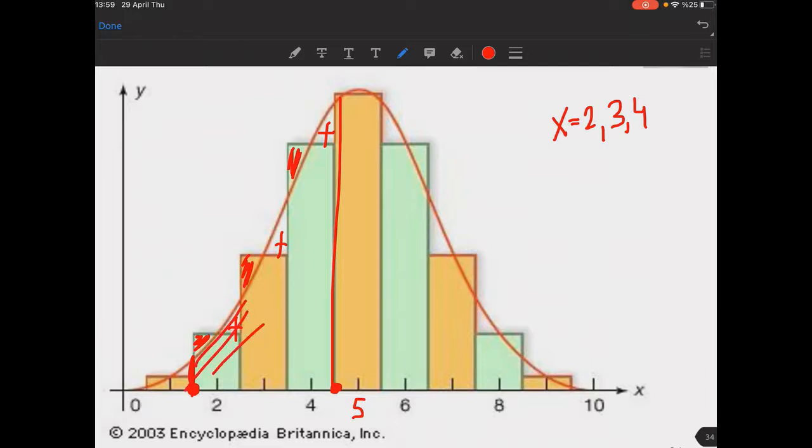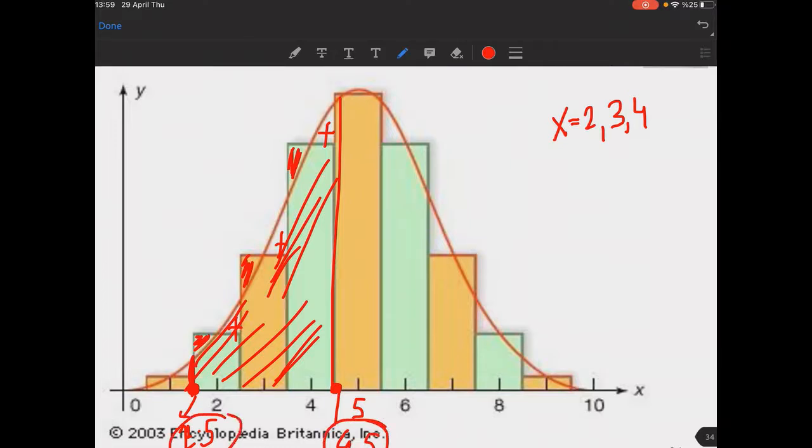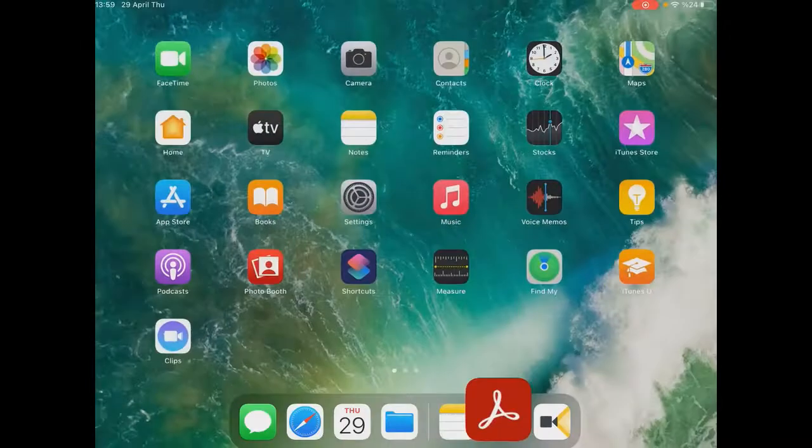Let's try to calculate the area under this curve from where to where? From 1.5 to 4.5. You see this from the histograms from chapter 1. You can see that this is clear. From 1.5 to 4.5.